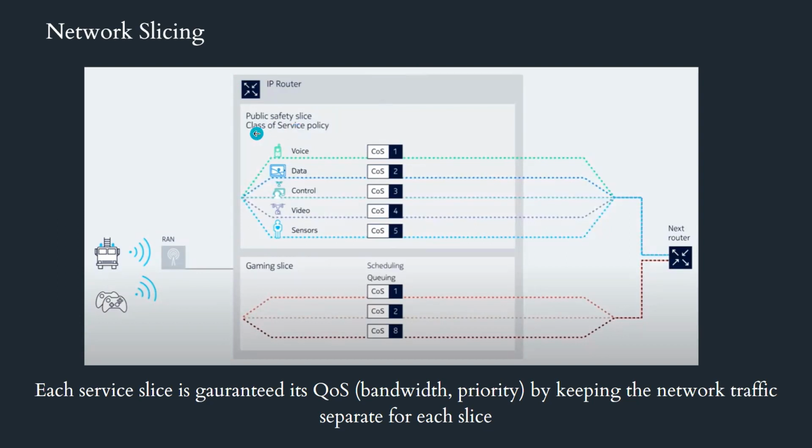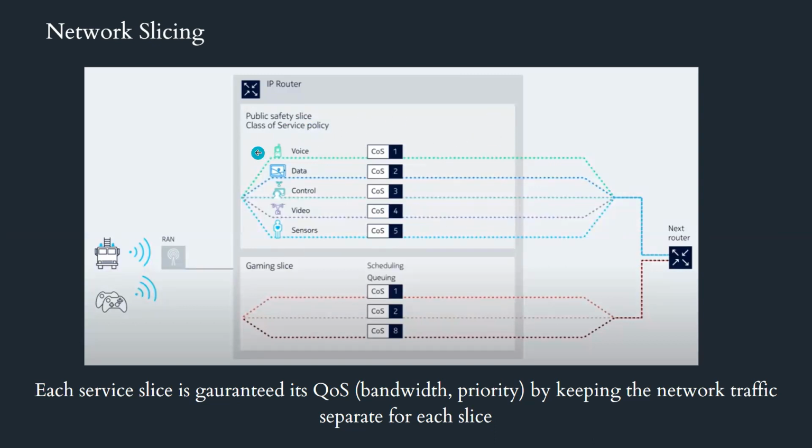If there's a separate slice for public safety, the public safety requirements will be defined, and then those requirements will be catered using one slice. So the slices can be defined in your own preferred manner.